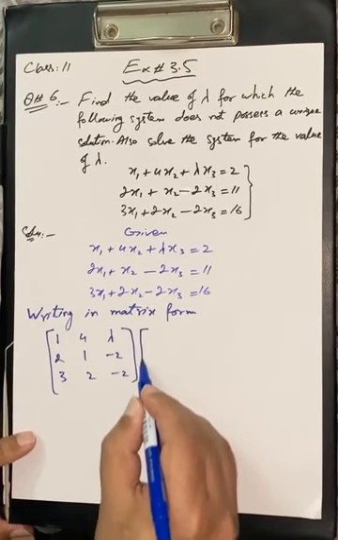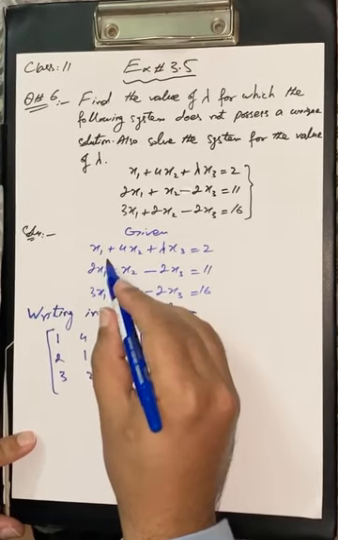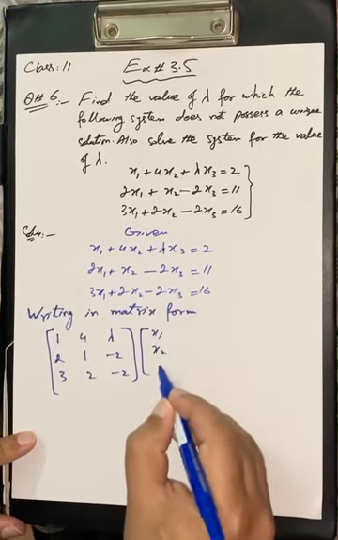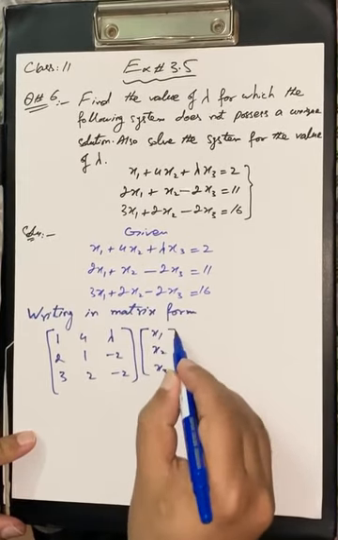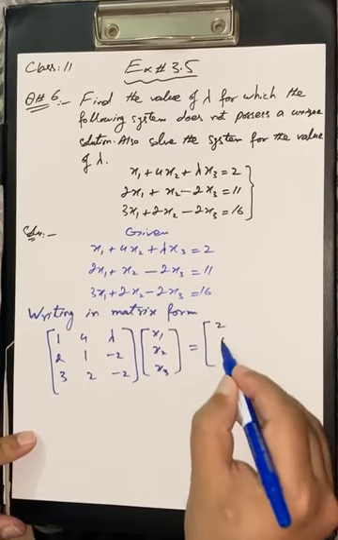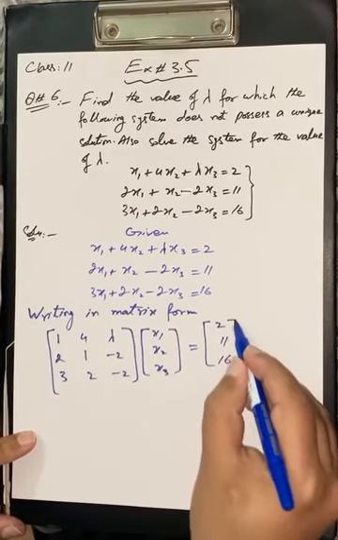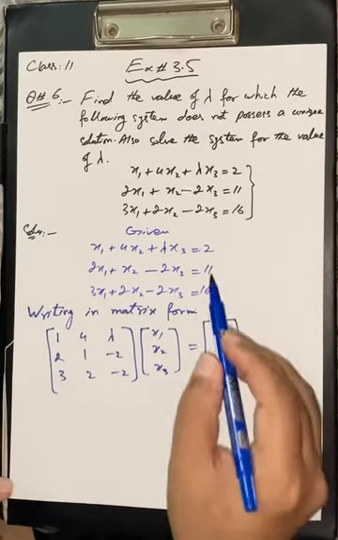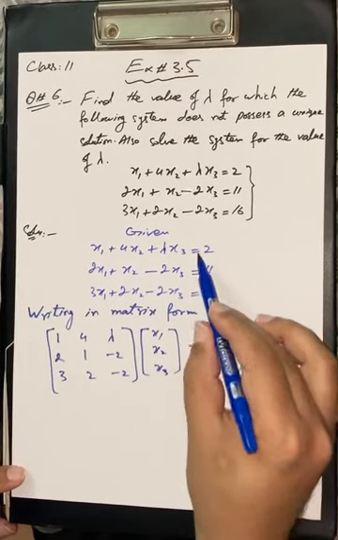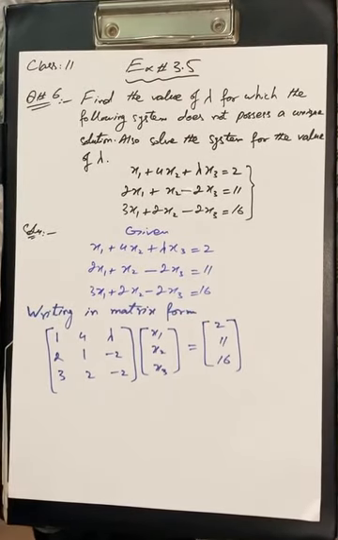The variables involved in this system are x1, x2, x3. After equal, we write 2, 11, 16. This system is called a non-homogeneous system because after equal we have constant values, not 0.